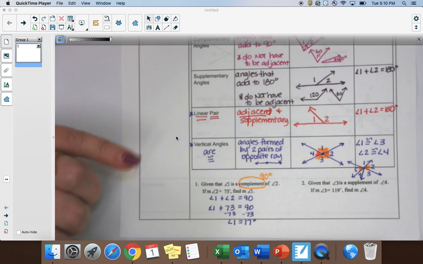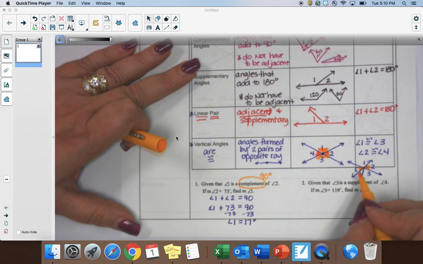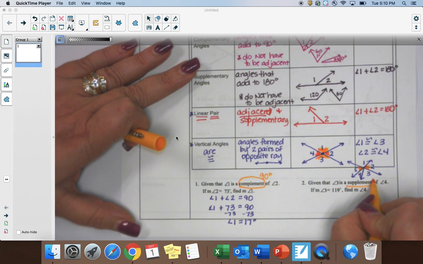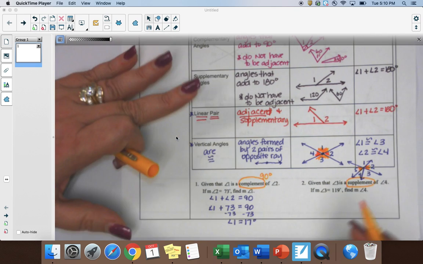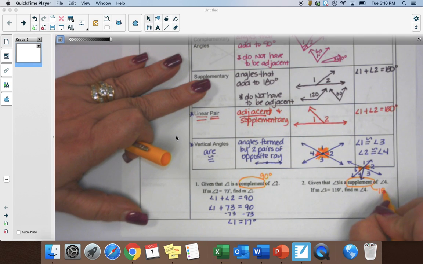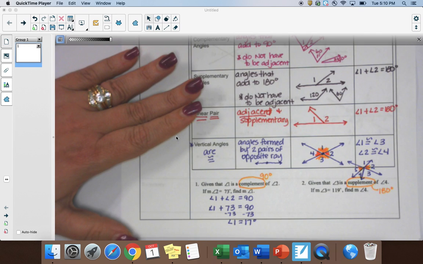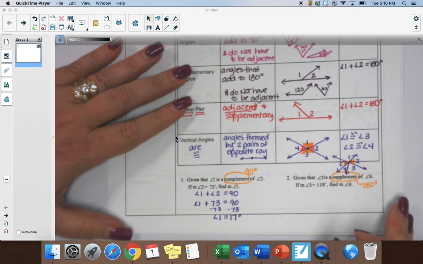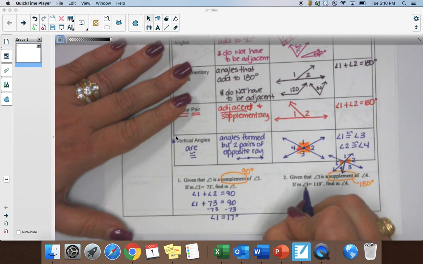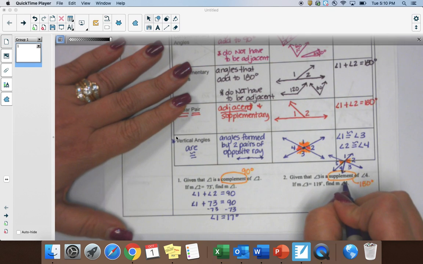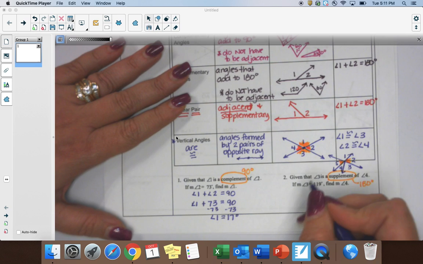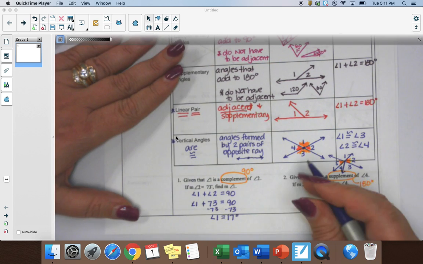Same thing on this second problem: we need to look for those keywords that tell us what we need, and that supplement right there means it adds to 180 degrees. The more you write down, the less you have to keep in your head, and the more helpful it will be. So we know that angle 3 and angle 4 are supplements of each other, or angle 3 is a supplement of angle 4. It just means it's the angle that's going to make it go to 180.